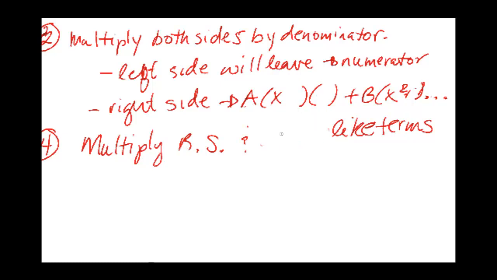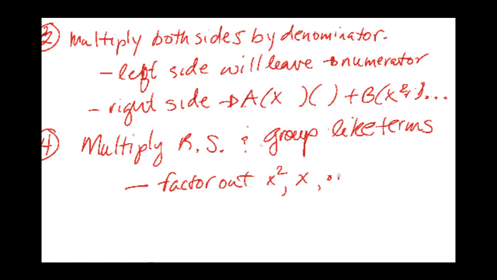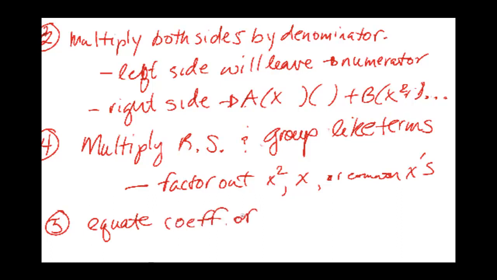You might have a bunch of x squareds, but no way of really combining them. But what you can do, after you group them together, is factor out the common x squareds, x's, or whatever else is common. And then what you'll do is you will equate both sides of the equal sign, the coefficients. Equate coefficients, both sides.